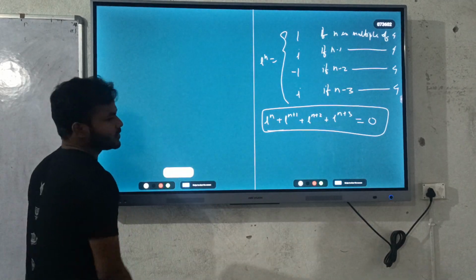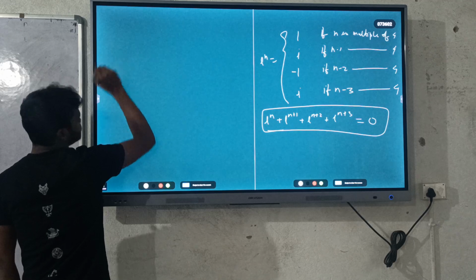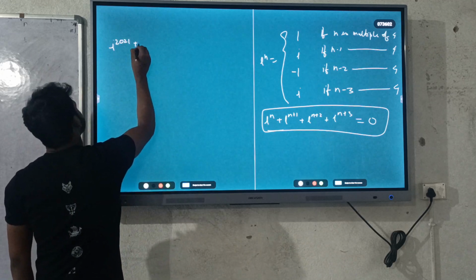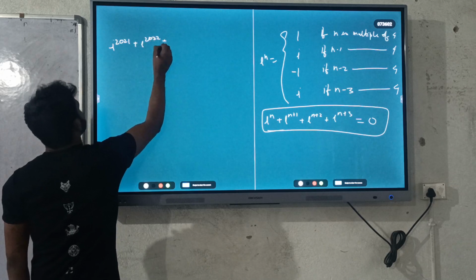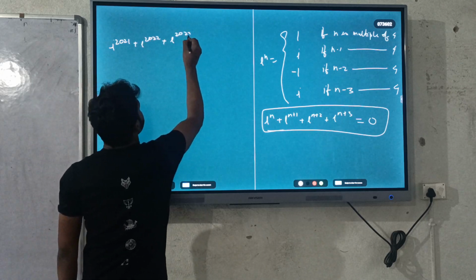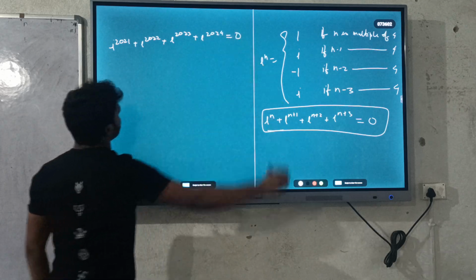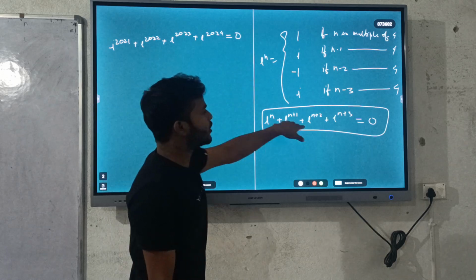Let's solve it. Let's find the value of i^2019 plus i^2020 plus i^2021 plus i^2022. Now we can directly say this value is 0 because these are 4 consecutive powers of i.